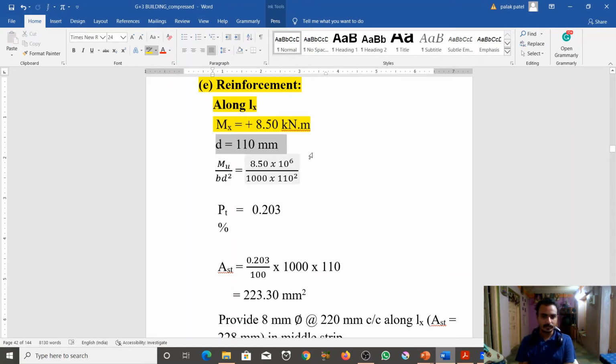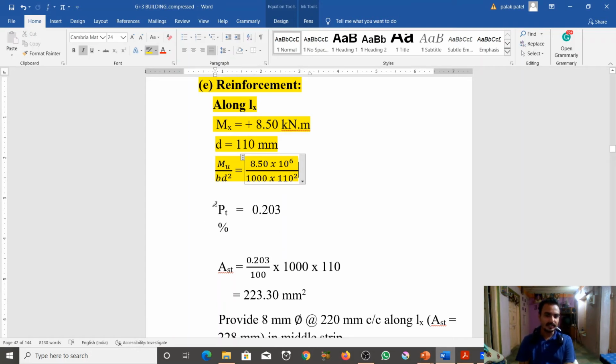So effective depth is 110 mm. Mu upon bd square, we find 8.50 into 10 raised to 6 divided by 1000 into effective depth 110 whole square. These are the Mu upon bd square.